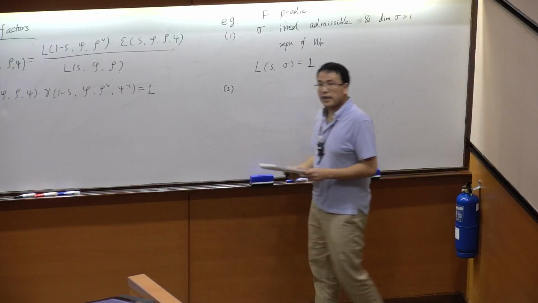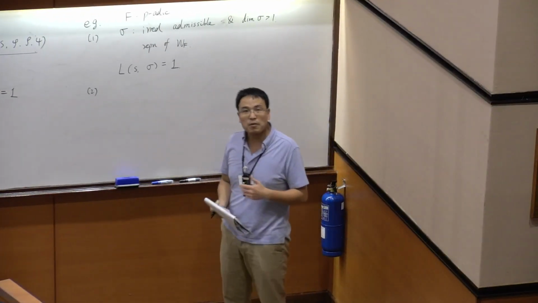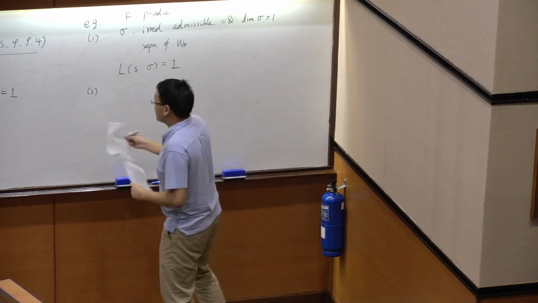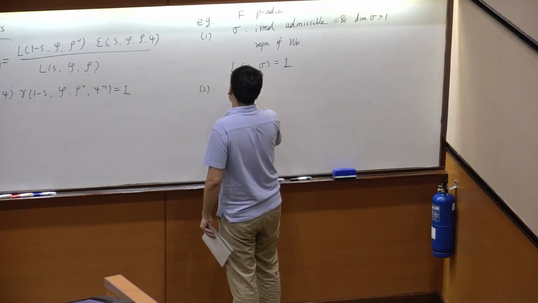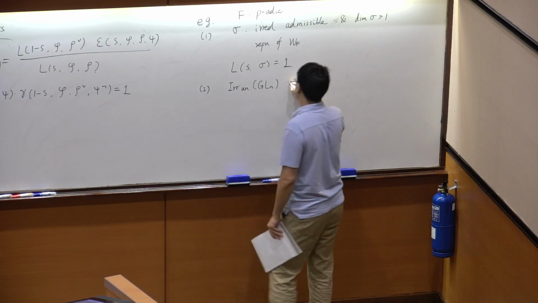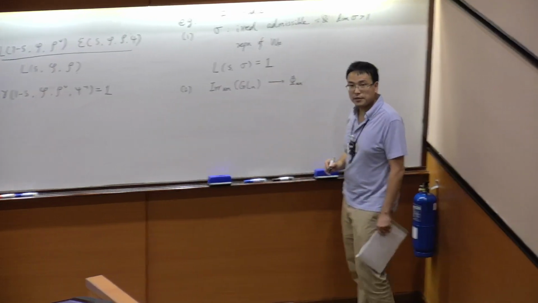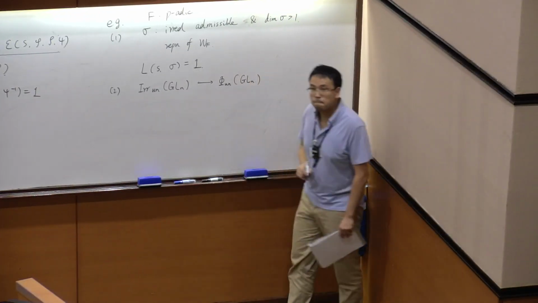The second case is another extreme case, which is the unramified, spherical representation. Let's see, the irreducible unramified representation of GL_n corresponds to the unramified L parameters of the GL_n case.